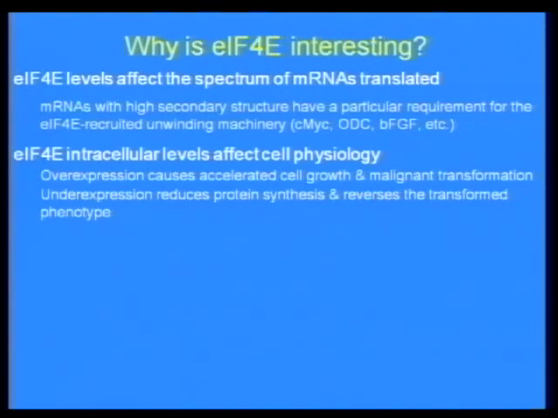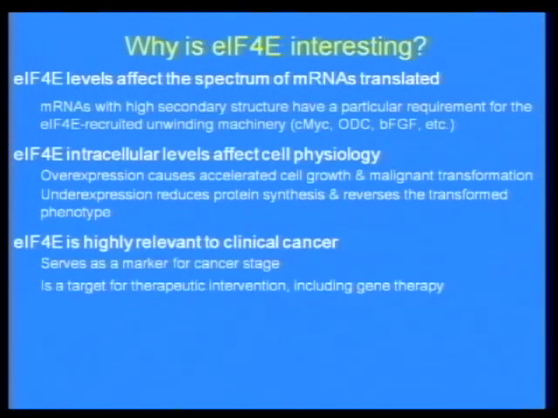Because of this, overexpression of 4E can greatly affect cell physiology and take a normal cell to an oncogenic cell. If you underexpress it by RNAi or other means to downregulate, or by inhibitors of 4E, you can reverse the transformed phenotype.